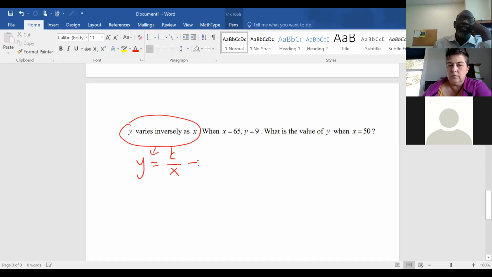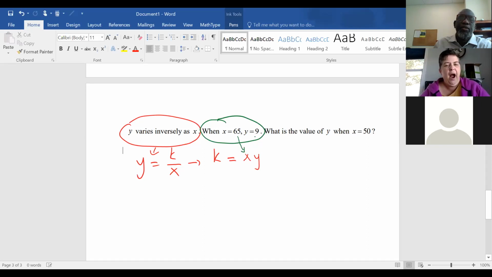Now, we said K is always the product of X and Y. K is X times Y. Now I need a couple of data to be able to find K. So X, Y. You see? So K is 65 times 9, which is 540 plus 45, 585. Right?